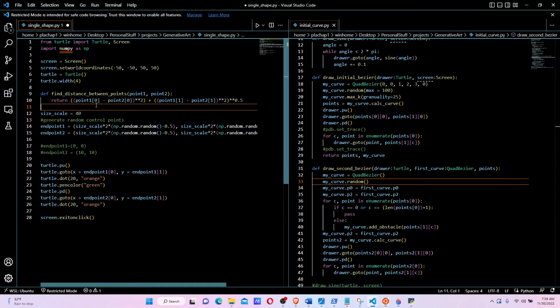Having trouble thinking. So, toward the other point. How do we tell what direction we're going in? How to get the new point?